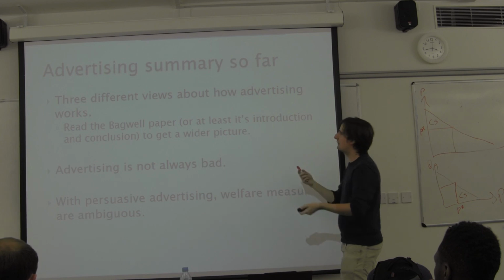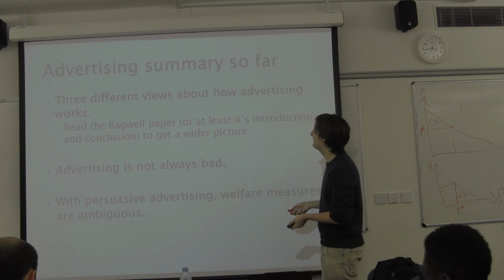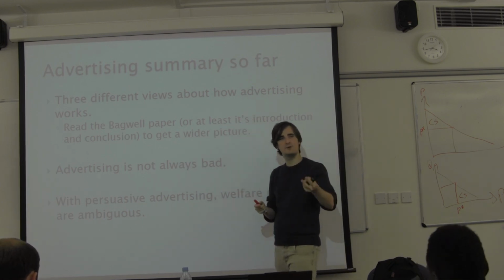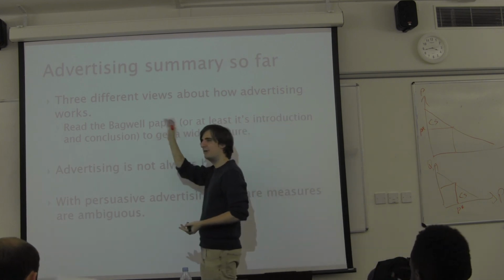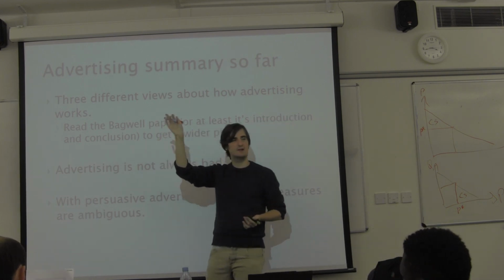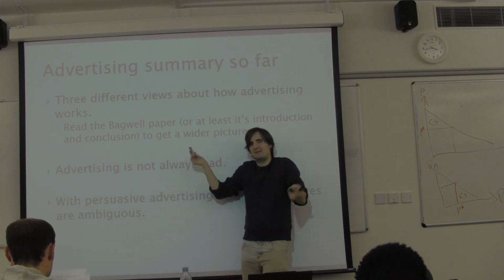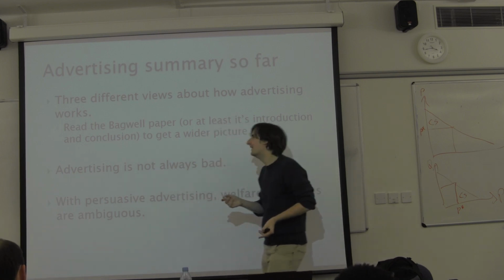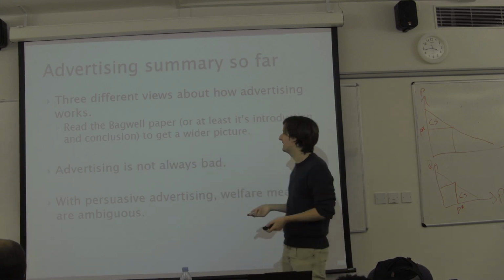To summarise so far, we'll do a bit more on advertising in the last lecture. We've got these three different views about how advertising works: complementary, informative, and persuasive. The Bagwell paper is a really good summary of this literature. If there happened to be an essay question on advertising in the final exam, I don't know why there might be, then having read that Bagwell paper might prove useful.